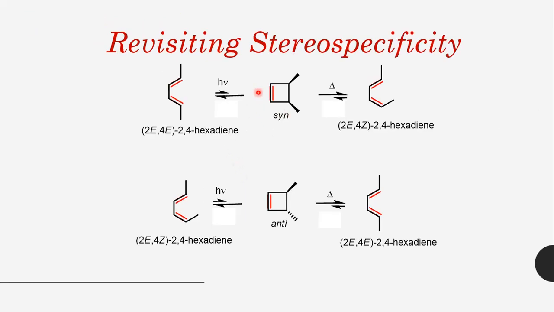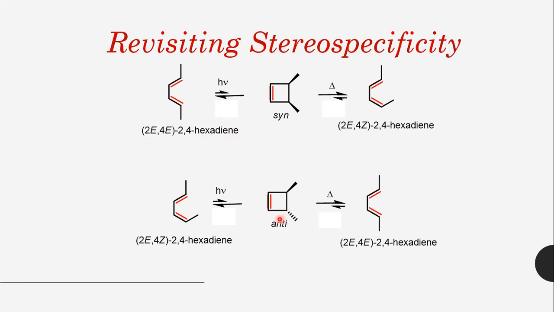Let us revisit this 3,4-dimethyl cyclobutene derivative, which we saw in the previous module. This is the cis isomer, this is the trans isomer. If I take the cis isomer and do the reaction under thermal conditions, it ring opens and you get the 2E,4Z-2,4-hexadiene. The same reaction under photochemical conditions gives me the diastereomer 2E,4E-2,4-hexadiene.